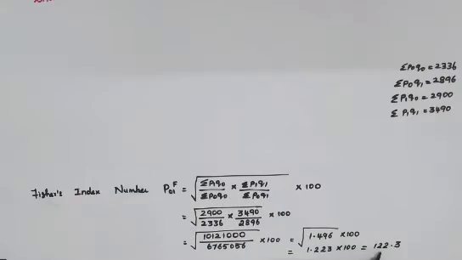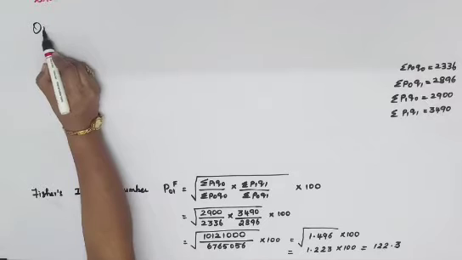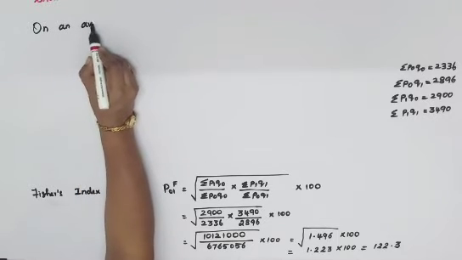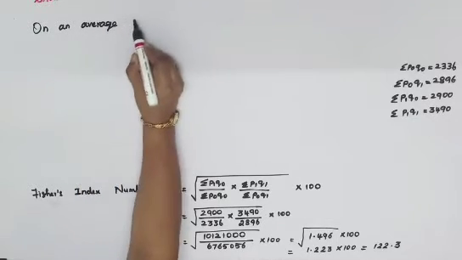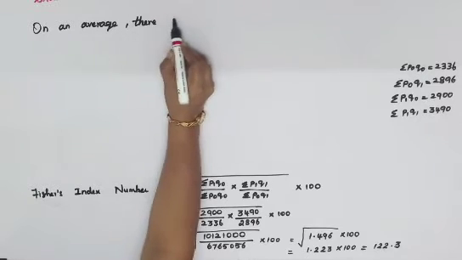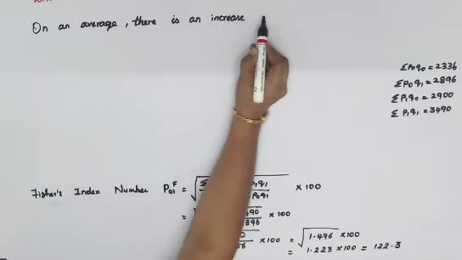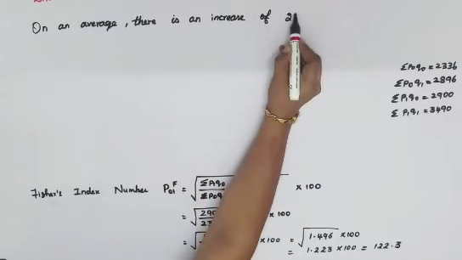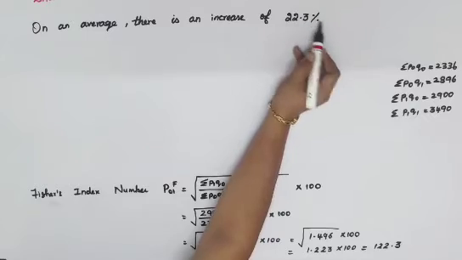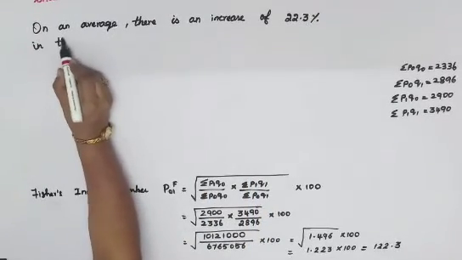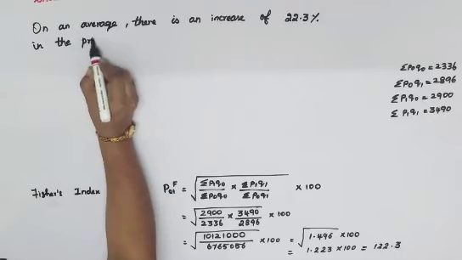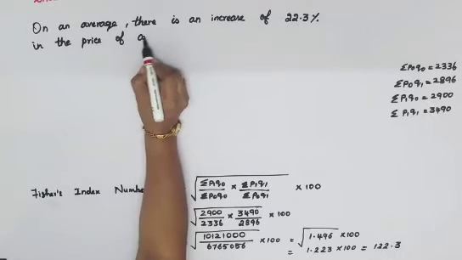Okay. For 100 you will have to check it here. 122.3 is there. So the percentage of increase is 22.3. Okay. So therefore you can declare your answer as, on an average, there is an increase of 22.3% in the price of commodities.